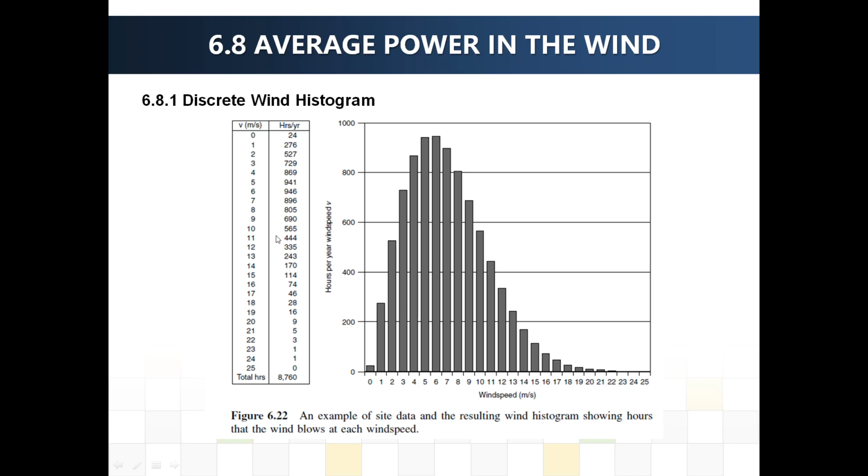There are 896 hours among 8,760 hours in a year that the wind blows at 7 meters per second. And among 8,760 hours in a year, there are 164 hours when the wind blows at 15 meters per second.